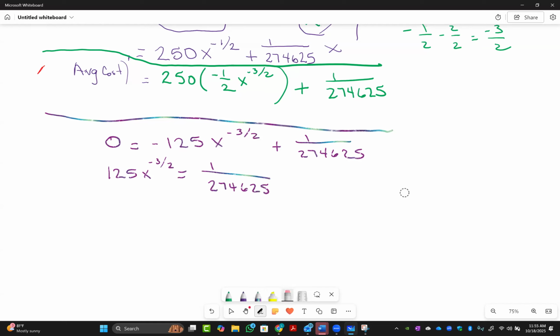But wait, the fraction stays negative? Like the negative 3 over 2 exponent? We don't change exponents. Really? I didn't know that. I thought we would always have to make the exponent positive. If I say 0 equals x minus x squared, and I add x squared to both sides, it stays there.